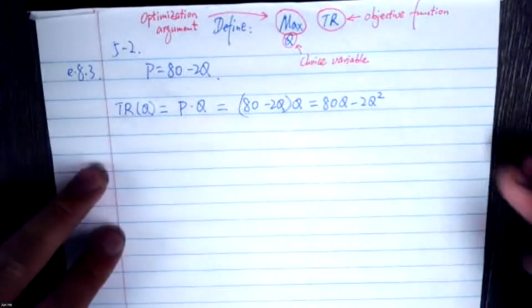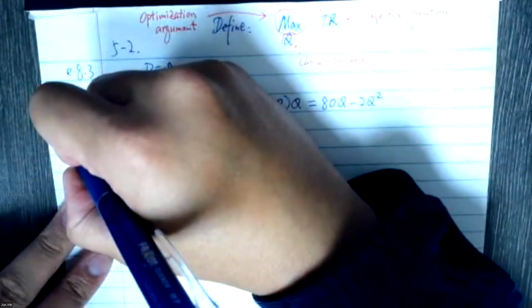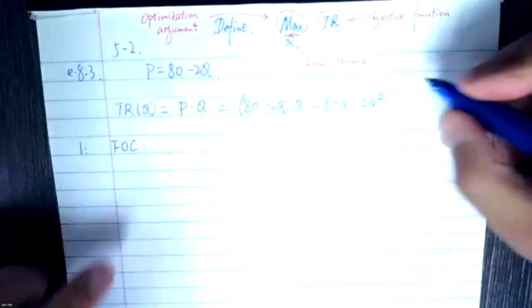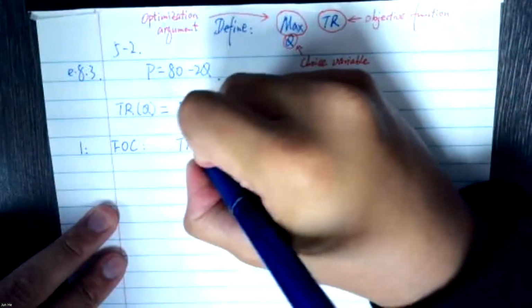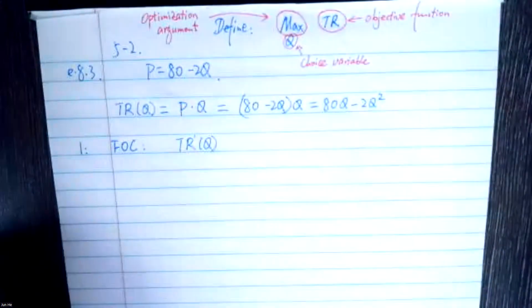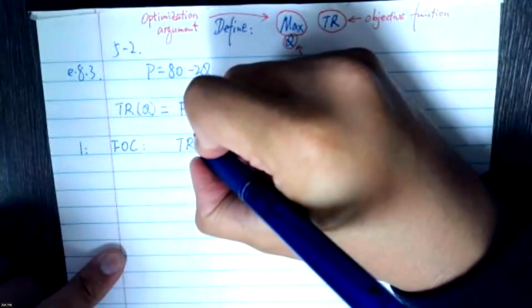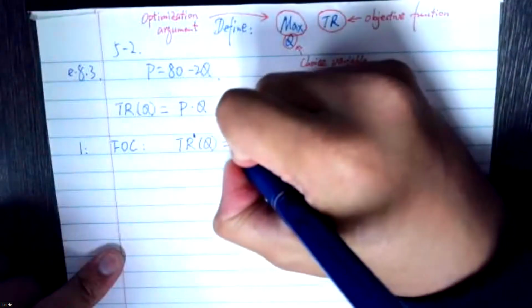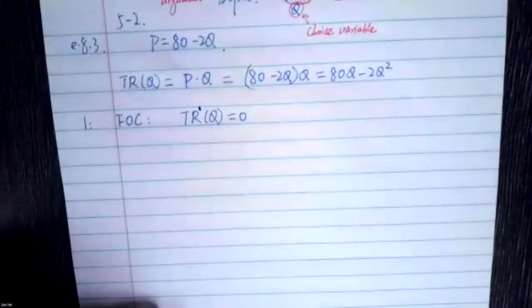Okay, then in order to maximize it, let's do two steps. The first step is the first order condition. Here, that is to take the first order derivative of your objective function and set that equal to 0.